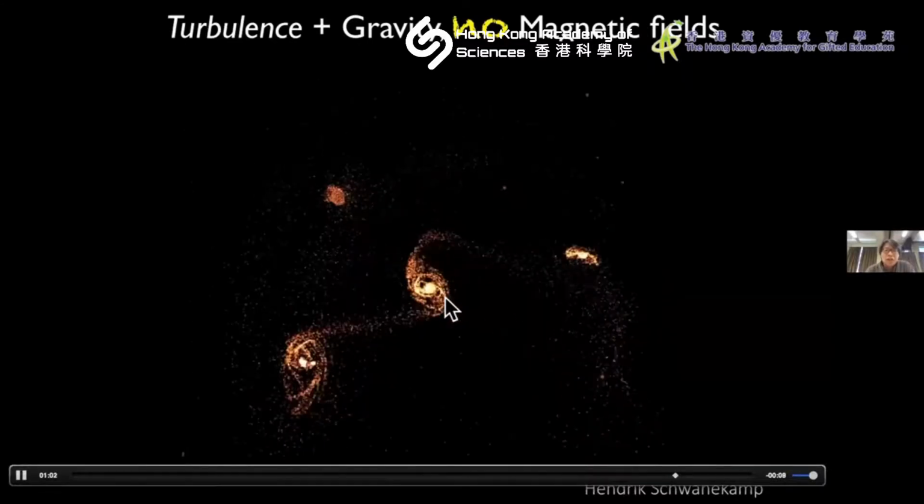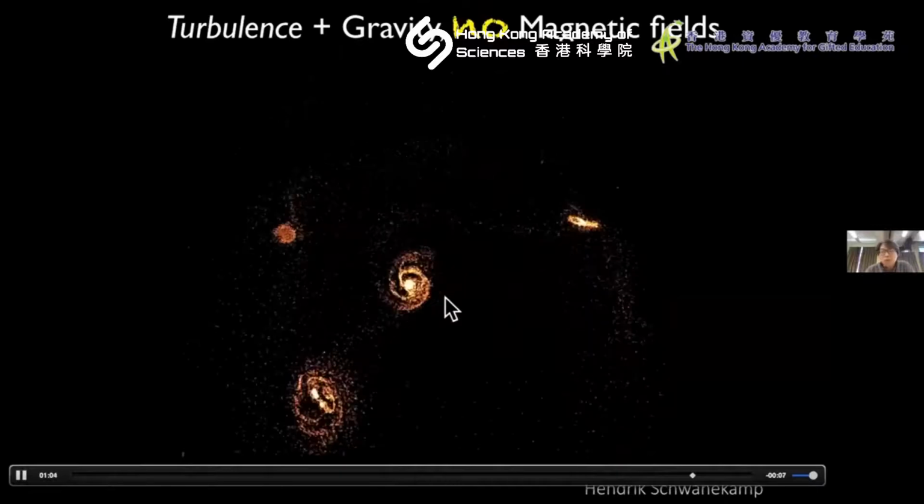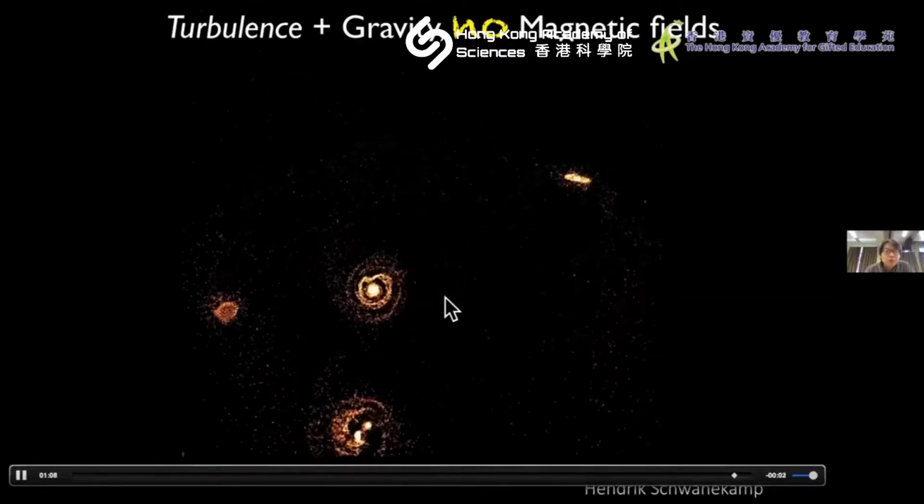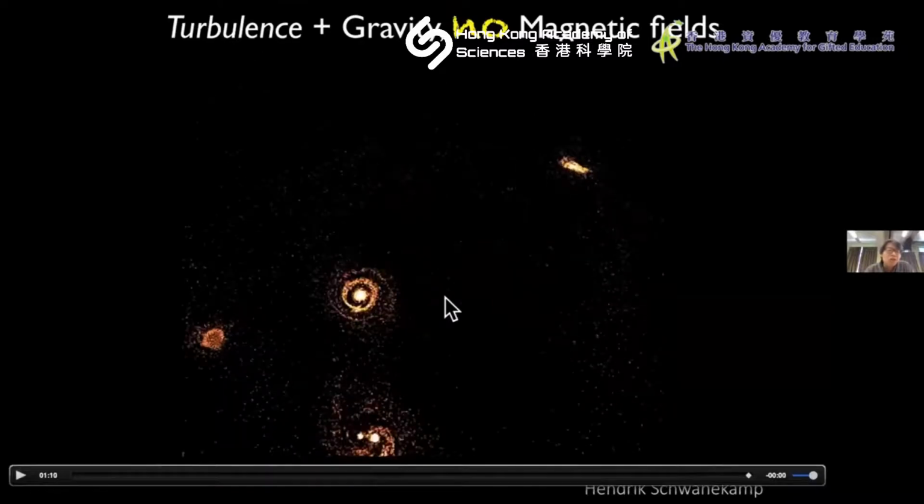The stellar cradle we showed earlier. Okay, so this kind of tells us what might be the origin of this disk. They're probably due to the angular momentum coming from the turbulence, and they can be locked by the gravitational contraction. Under this condition, the disk will naturally form without magnetic field.